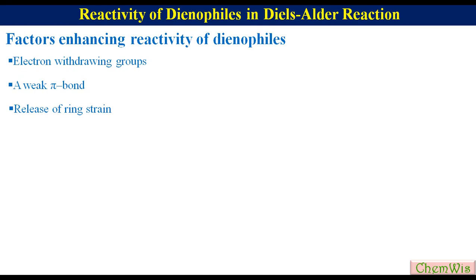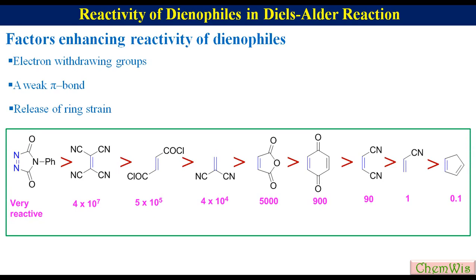This is a series of compounds showing relative reactivity of different compounds with respect to acrylonitrile, where we can see that the more the electron deficiency in the dienophile, the higher is the reactivity.